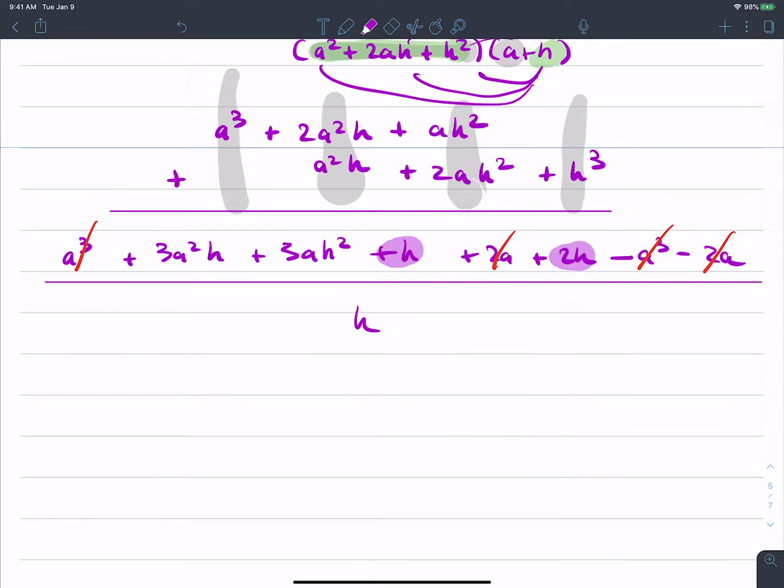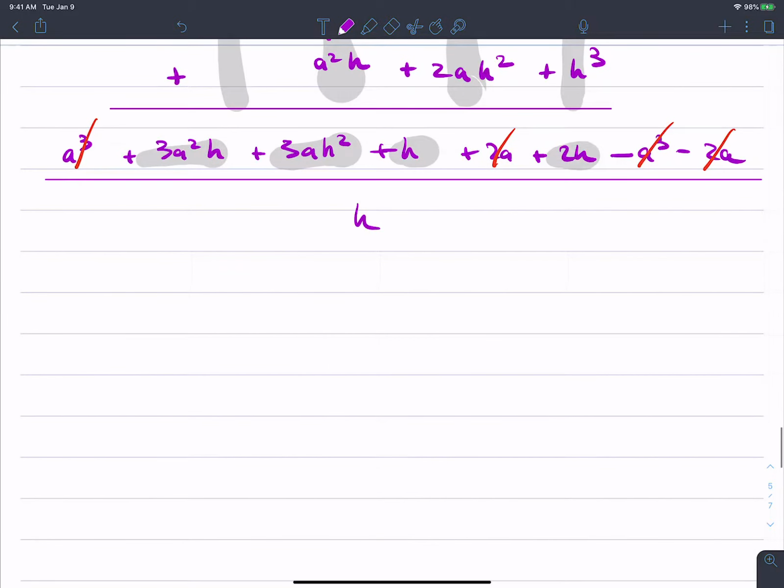So, let's go back and write down what's left, right? These terms are going to combine, and they're all over h. You have 3a squared h plus 3ah squared plus that 3h, everything over h.